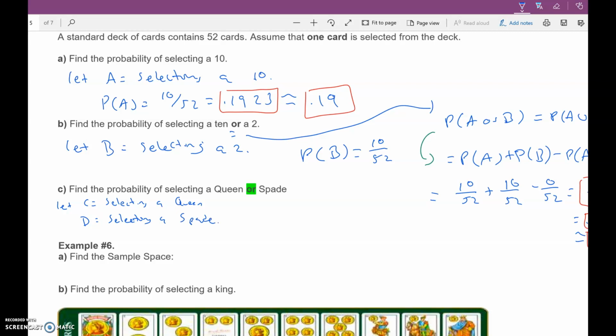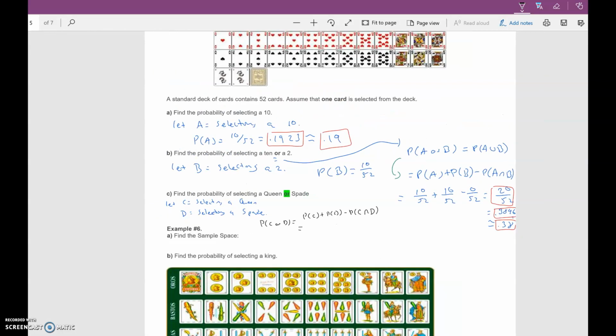Now, in this case, the actual problem, and let me write it in black. So it's going to be the probability of C or D, which is going to be equivalent to the probability of C plus the probability of D minus the probability of C intersect D.